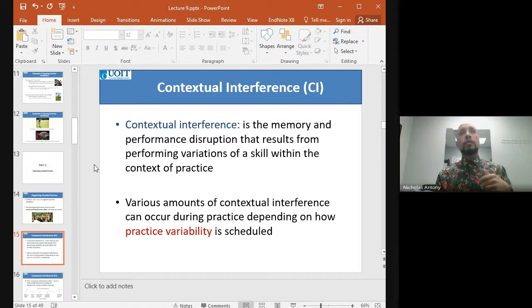If you're doing the same skill over and over again, you can lose attention to what you're doing because you're just doing the same thing. You don't have to calculate anything. By doing variations, you're constantly having the brain try to put things together and implement that into the motor program that you've remembered.